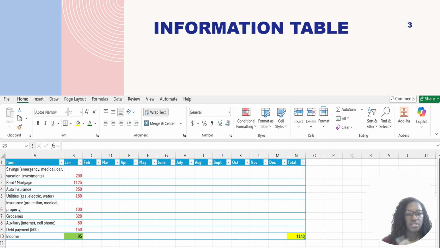I've put $1,125, auto insurance $250, utilities, which can include gas, electric, water, I put a figure of $180. Insurance, this part is very important because one thing that we do not do is protect our income.